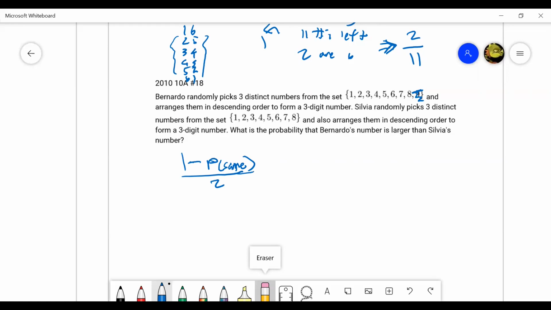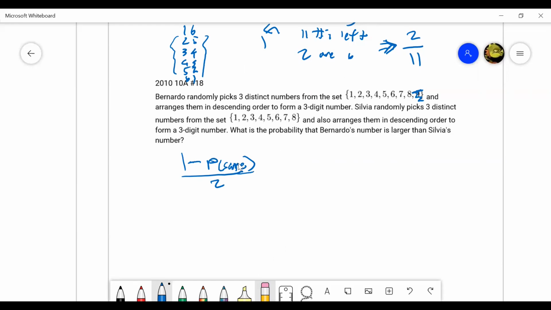If they don't have the same number, then one of them has to have a larger number. Since they're both choosing from the same set of numbers, there's no reason for any one person to have a higher chance of getting a larger number. So their chance of getting a larger number is going to be the same. So that's why it's 1 minus the probability of them having the same, over 2.